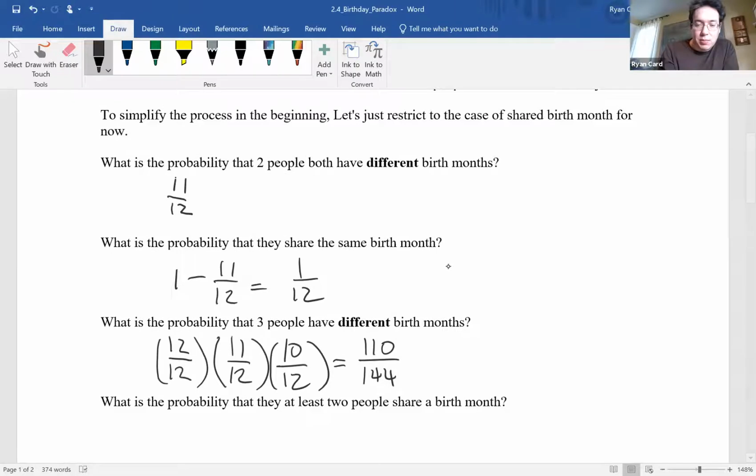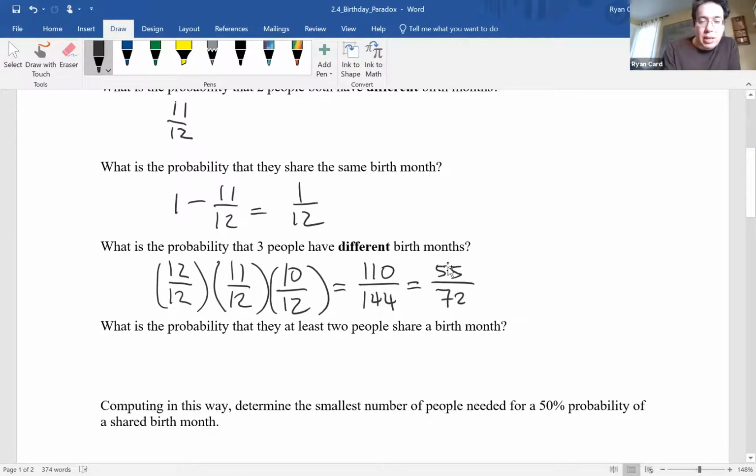Maybe this simplifies a little bit. Let me use my calculator here. They both share a common factor of 2. So that would be the probability that 3 people all have different birth months.